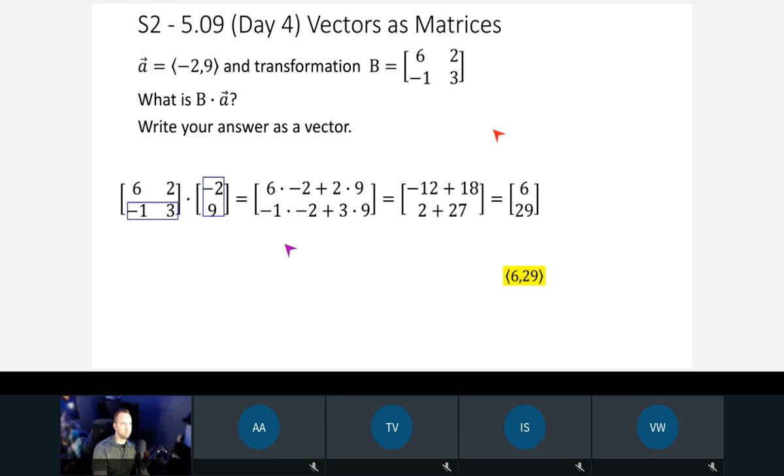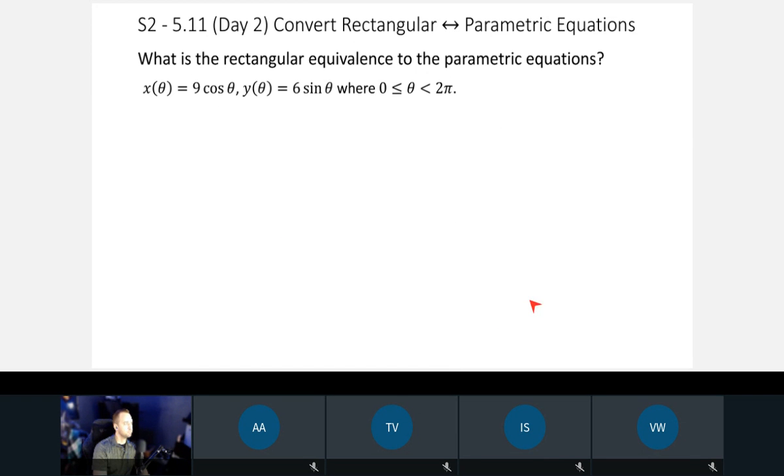Instead of doing the right vector, the -2, 9, I did 2, 1. I don't know where that came from, but the work is right for that vector. I just did the wrong vector. It happens.